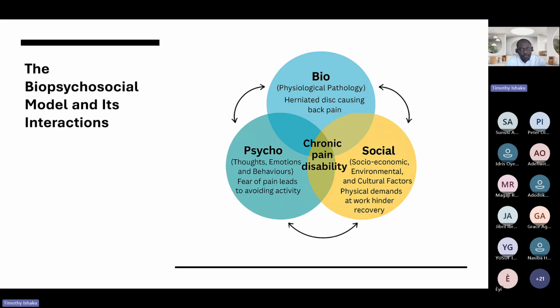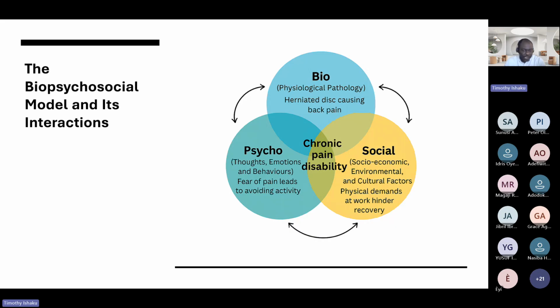Avoidance behavior. But this may exacerbate the physical dysfunction, and the social determinants, such as demanding work conditions, may further compound the challenges the patient may be facing.